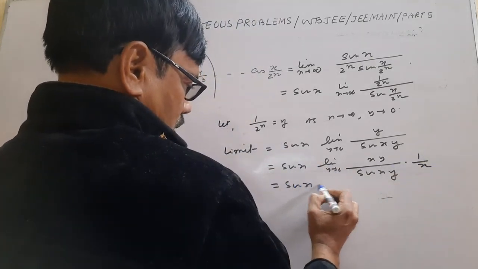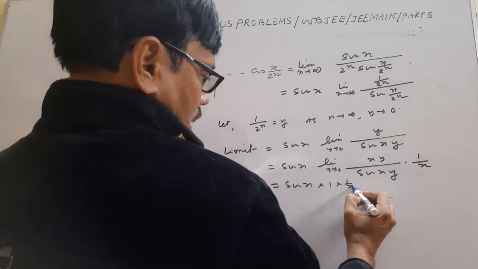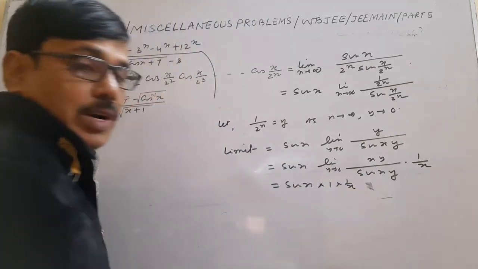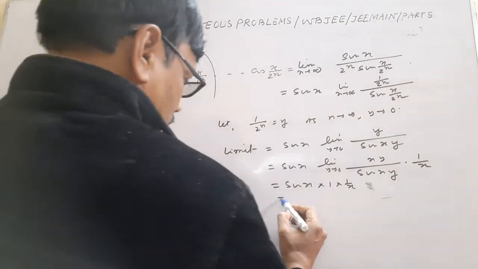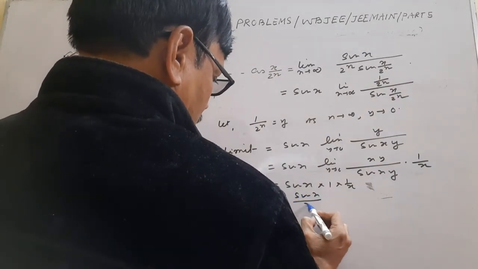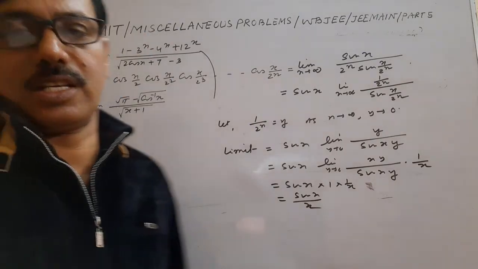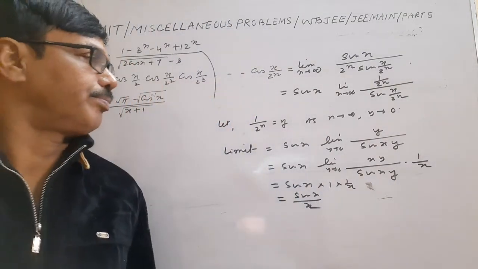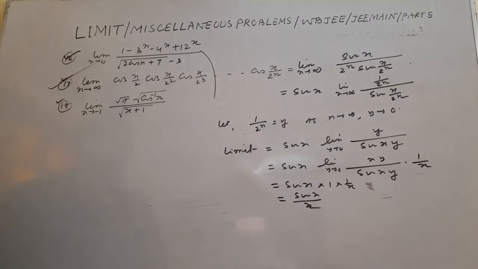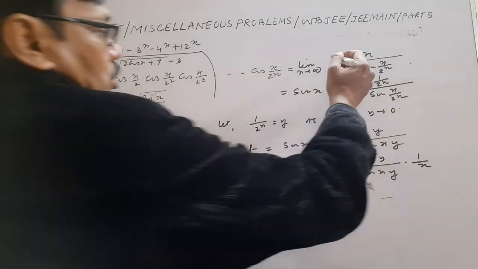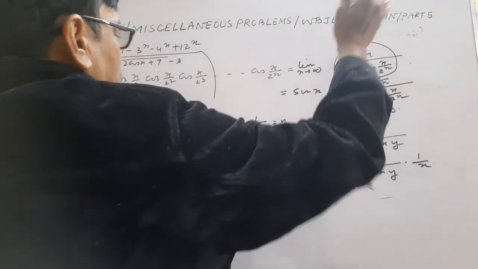So sin x into 1 by x. So what is the value of the limit? sin x by x. So the answer is sin x by x. This result should be recorded if possible.